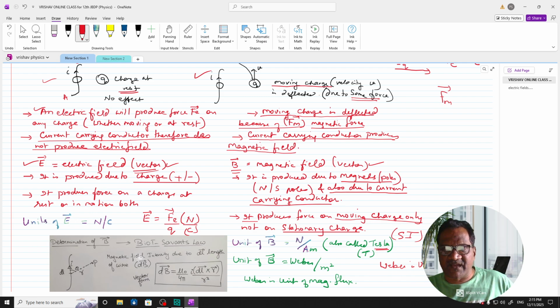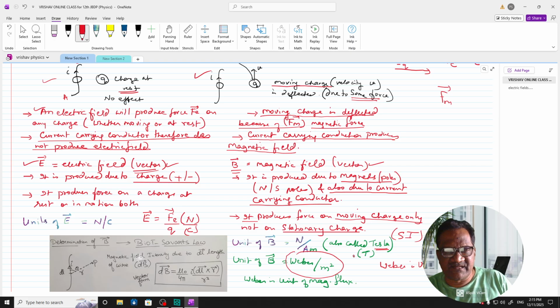So magnetic flux divided by the area is nothing but the magnetic field. So B will also have a unit called Weber per meter square.